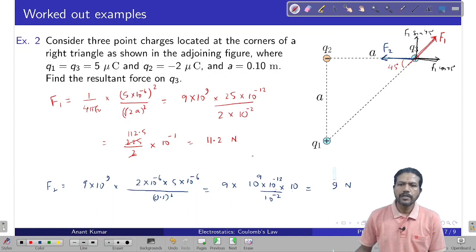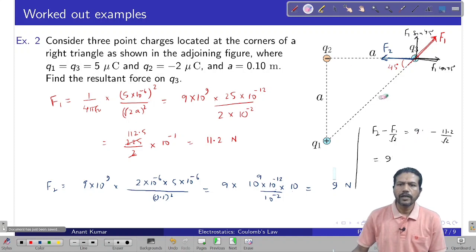Now once we have this, I could find the net horizontal force in this diagram, which turns out to be towards the left. So towards the left I get F2 minus F1 by root 2, which is what cos 45 degrees is. F2 is 9 Newton and F1 is 11.2 divided by root 2. 1 by root 2 is roughly 0.7.